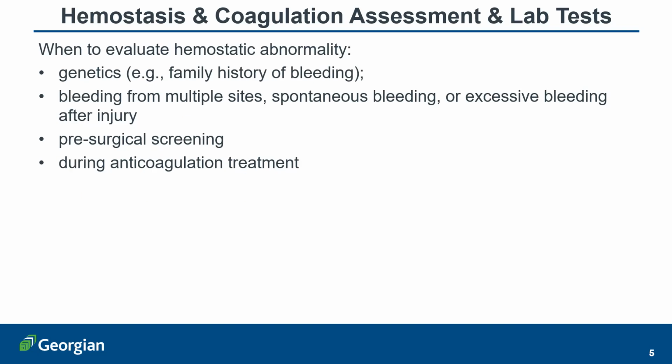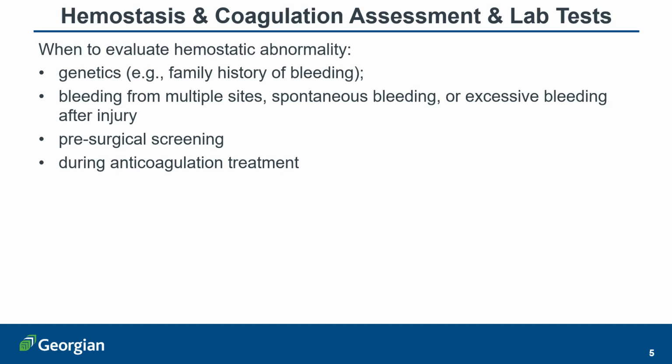When is the nurse supposed to examine hemostatic abnormalities? For example, when there is a genetic history of bleeding, a family history of bleeding, or if there is excessive bleeding, or if there is bleeding from multiple sites, or if there is spontaneous bleeding, that's when further evaluation of the hemostatic abnormality is warranted.